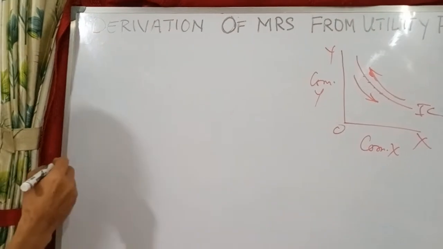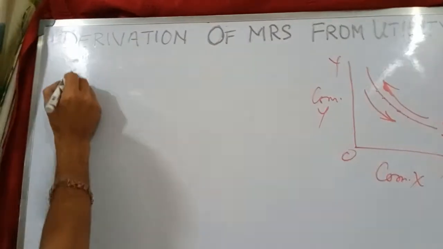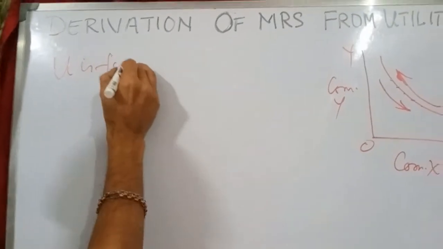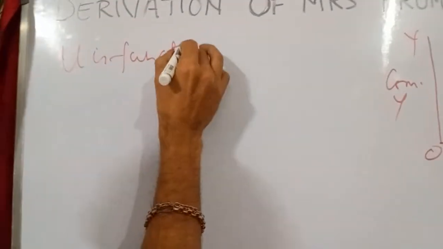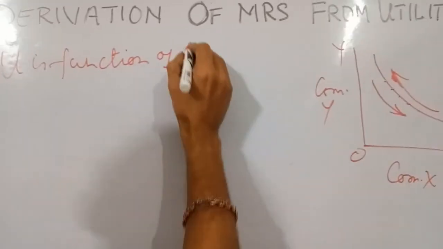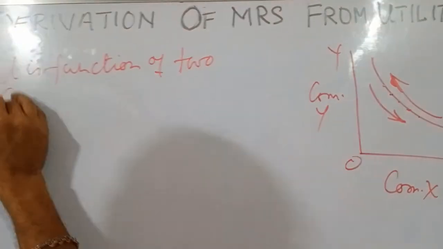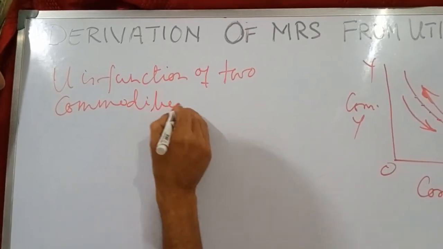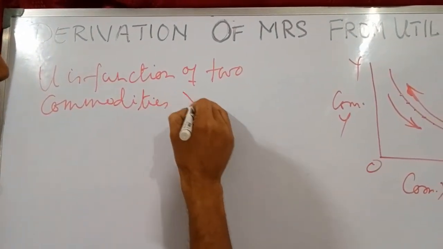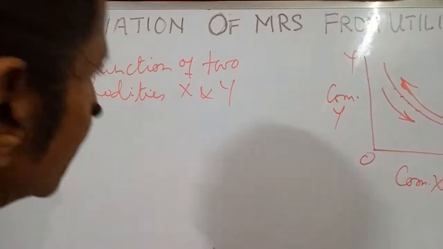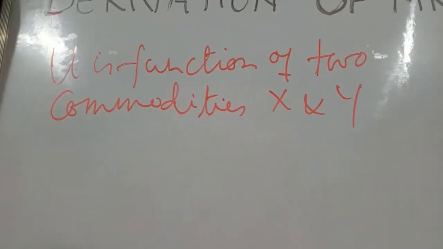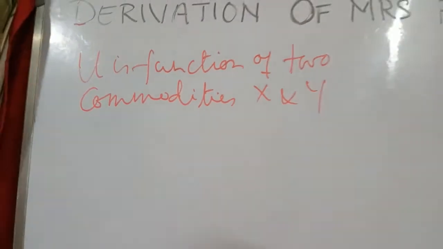Now, let utility U be a function of two commodities X and Y. That means the consumer is consuming two commodities X and Y, right?